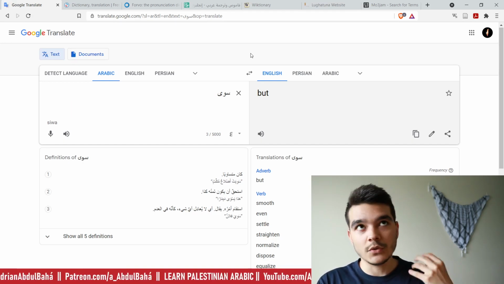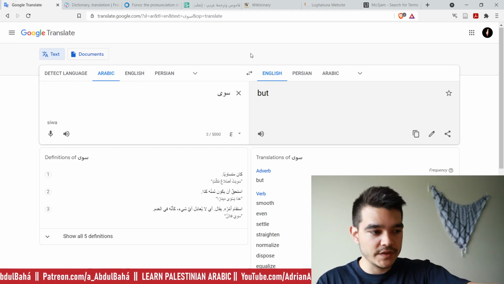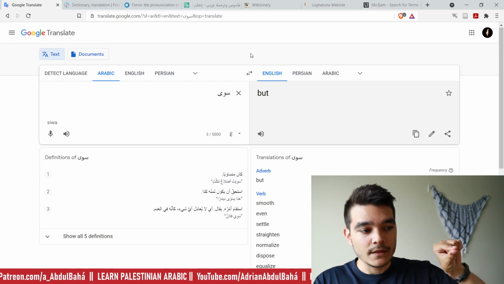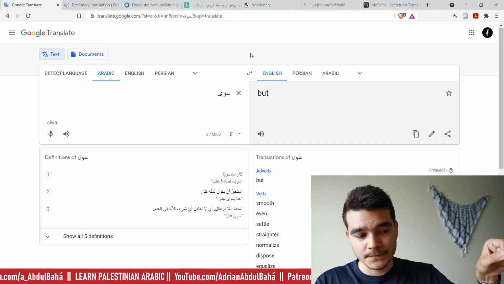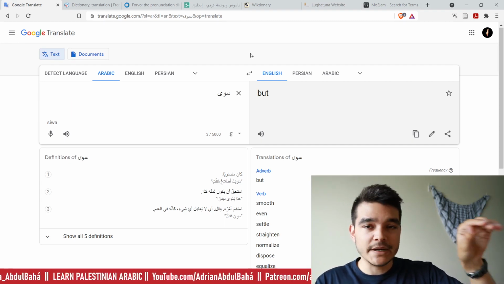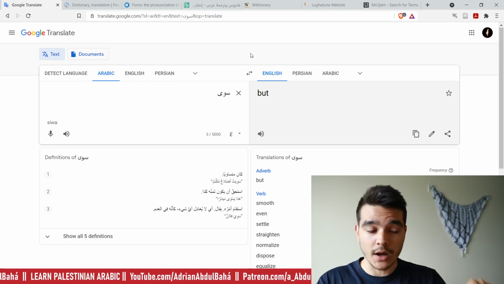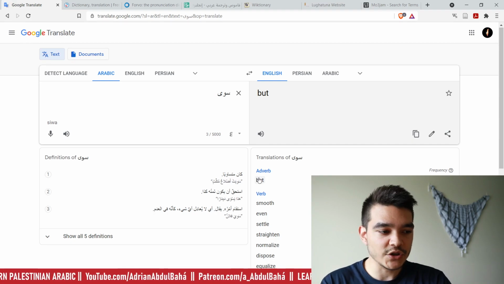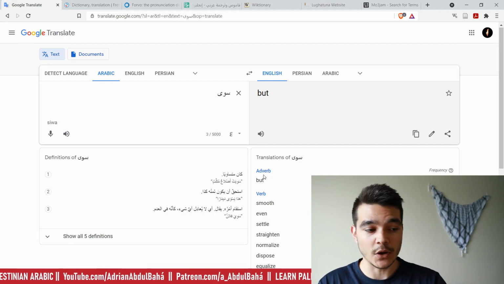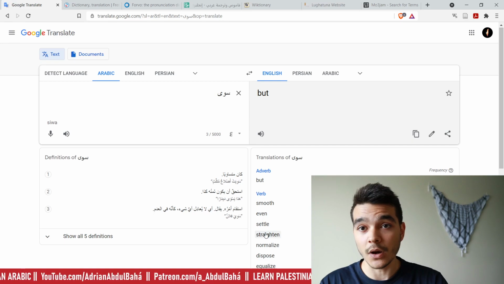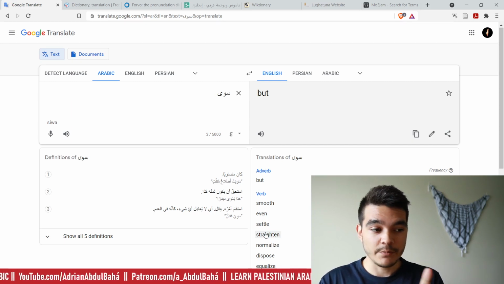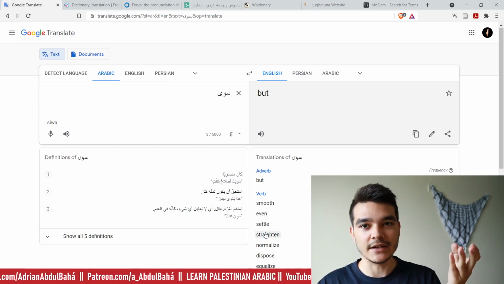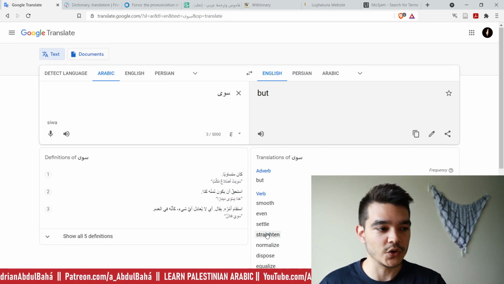When I wrote this word, what I was thinking is sawa, but it interpreted it as siwa, and that's why it gave me but. It also interpreted it as sawa, and that's where it gets this other information from. So this over here is a translation of siwa, and this over here is a translation of sawa. They're different words, but it doesn't tell you that two different words have been translated here.